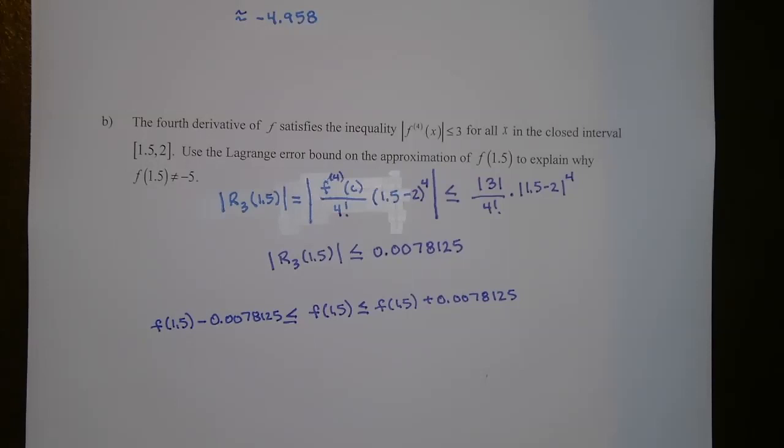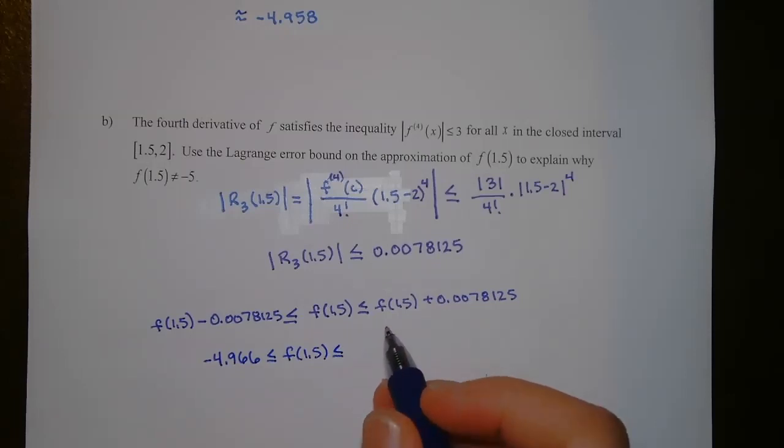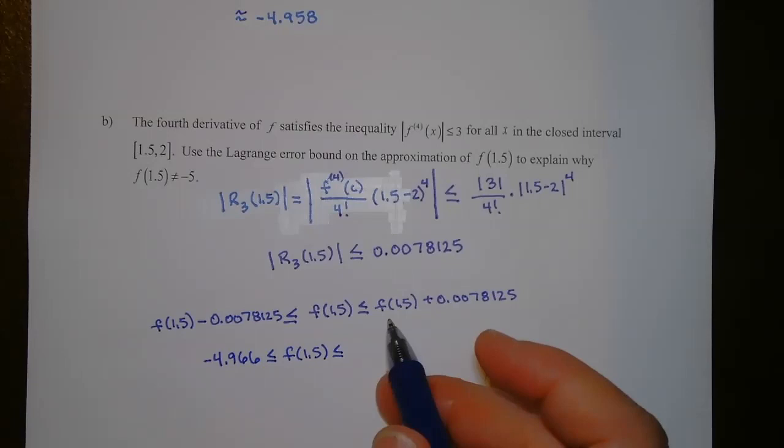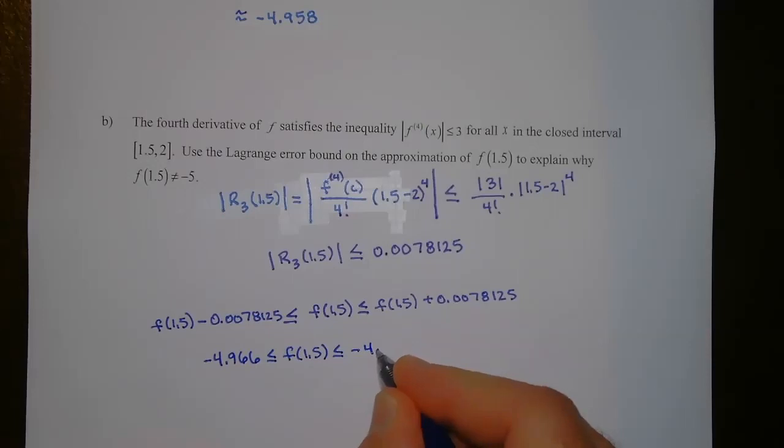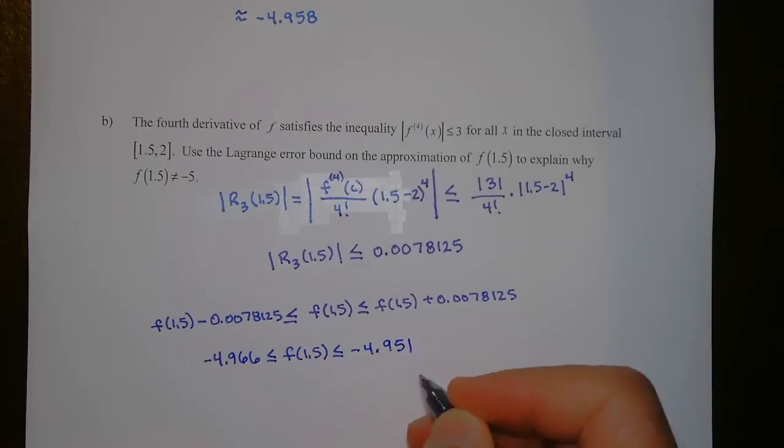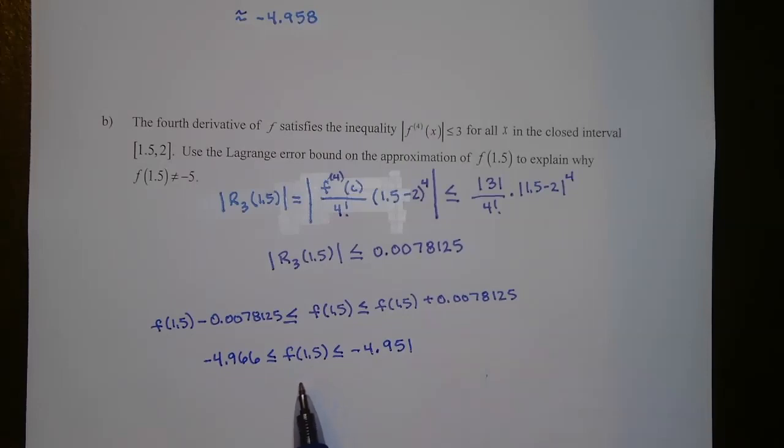Back on our notes page, this calculation came out to be negative 4.966 is less than or equal to f of 1.5, which is less than or equal to, and these two added together is negative 4.951. So this is telling us that f of 1.5 has to be in between this and this.